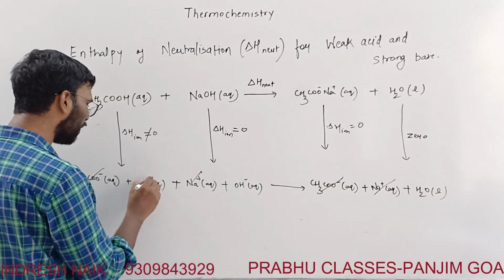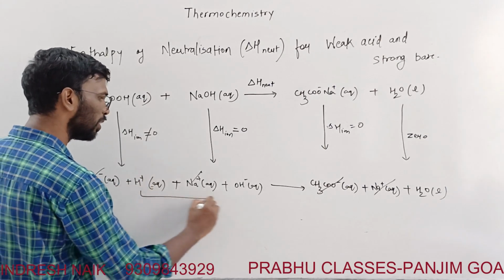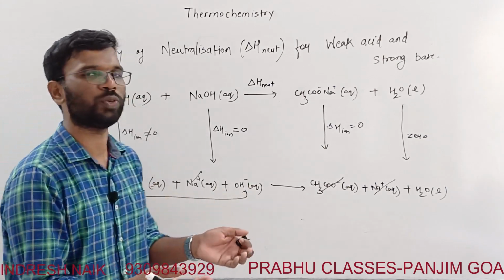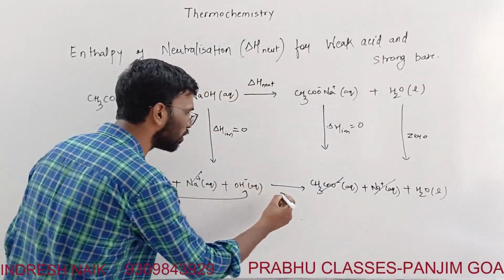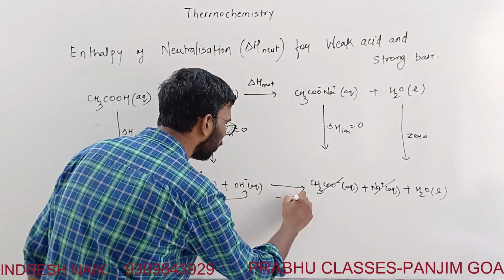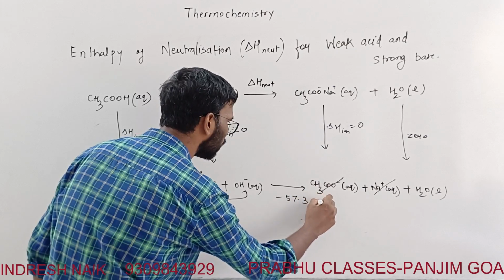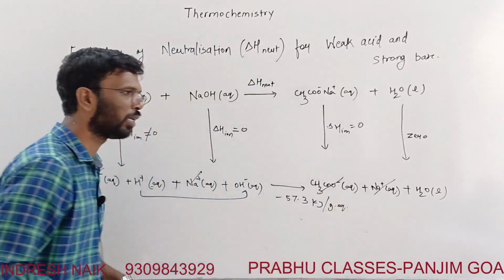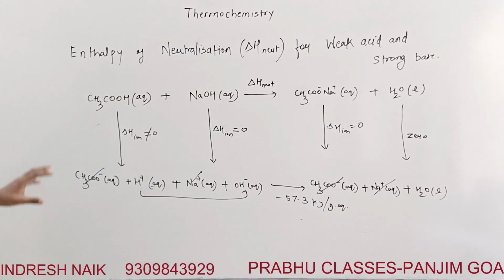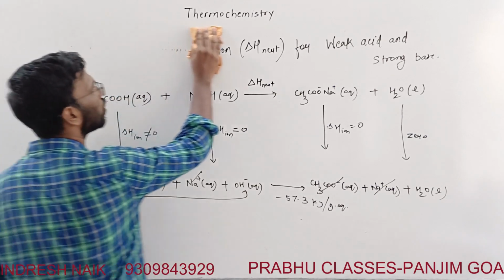What is getting combined is H plus and OH minus, and this will contribute to the enthalpy, means heat will be released since there is a combination of H plus. So here I am writing directly 57.3 kilojoules per gram equivalent, right? So using Hess's law, I'll write the equation on the top.